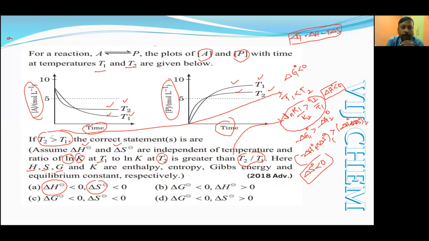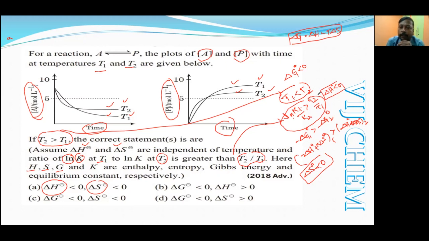Here it is given T2 greater than T1, and a value independent of temperature. For the ratio of ln K, let us take K1 at T1 and K2 at T2. ln K1 by K2 is greater than T2 by T1. So what does it mean?